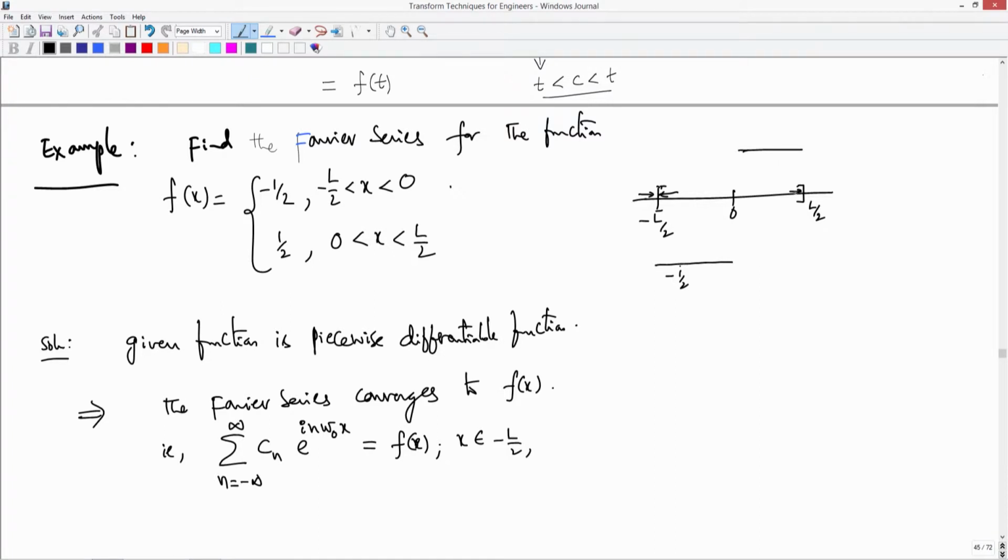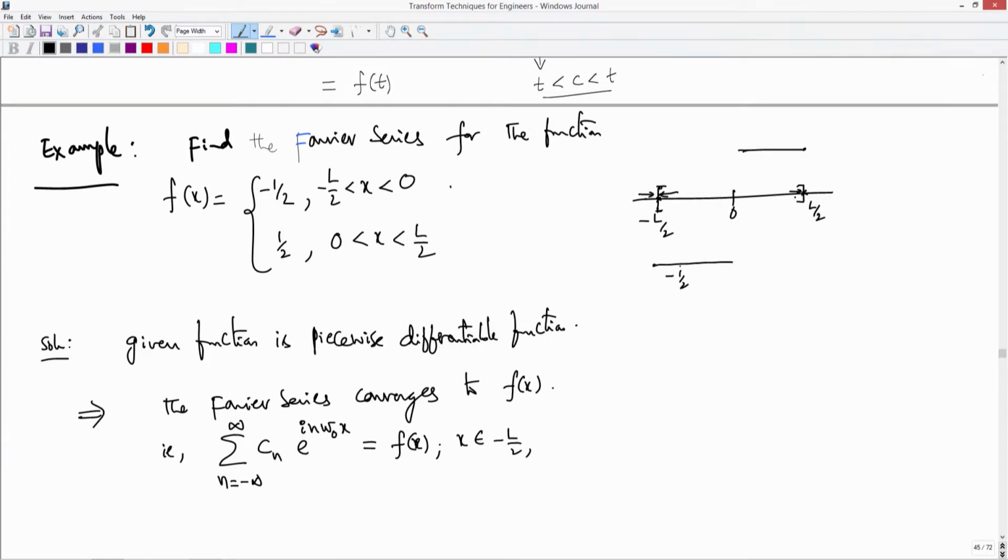So, you have to go here, and this is simply the function value half. So, one side the function value is minus half, the other side the function value is plus half. So, here the function is not continuous; the function values at the end points should be the same, but they are different. So, this implies the function is not continuous at the end points.